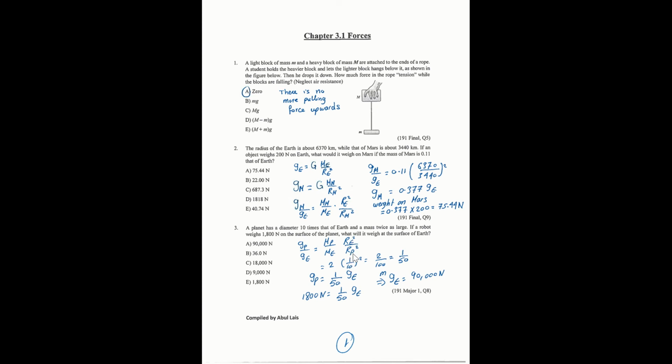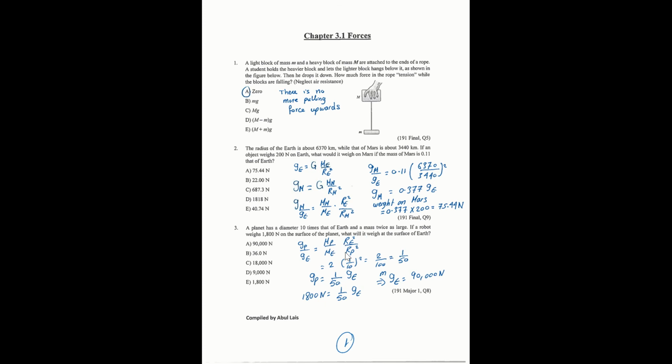So what does that mean? It means that the planet is 10 times bigger. If the diameter is 10 times bigger, then also the radius would be 10 times bigger. So I just need to put 10 here, which is the ratio between the planet and the Earth. And what about the mass? It says that the mass is twice as large.